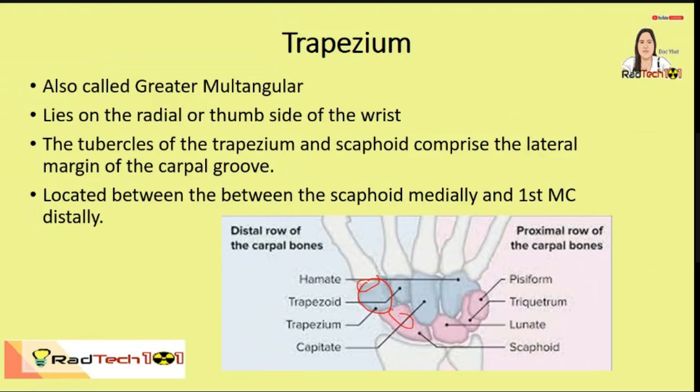Teka. So, first CMC is carpo-metacarpal joint. This is the carpo-metacarpal joint. Tama. Ito. So, carpo-metacarpal joint. So, meaning we are articulating the carpals and the metacarpals. Ito yung ating metacarpals. Ito.